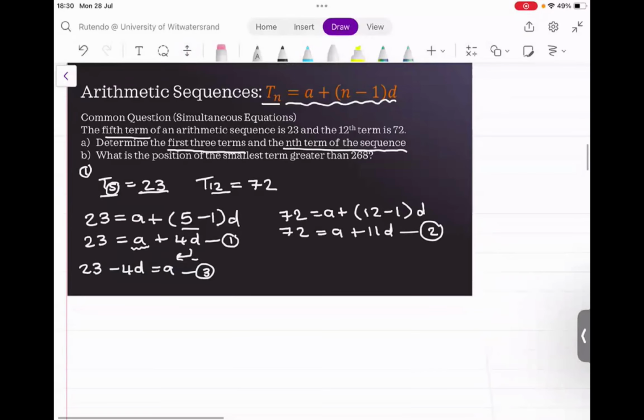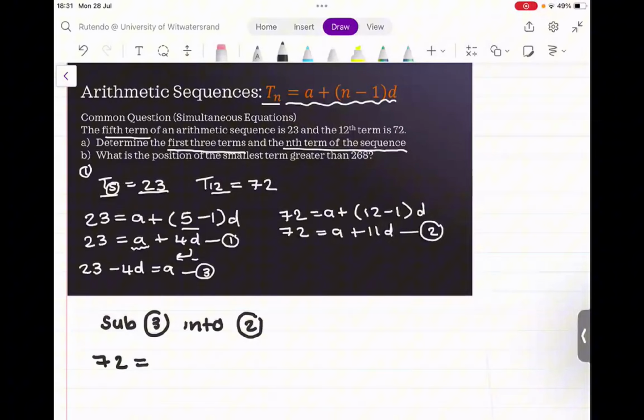Okay, right? And so I am going to sub 3 into 2. So I'll have here 72 is equal to, so now I'm saying that I found what my A is. I said A is equal to 23 minus 4D.